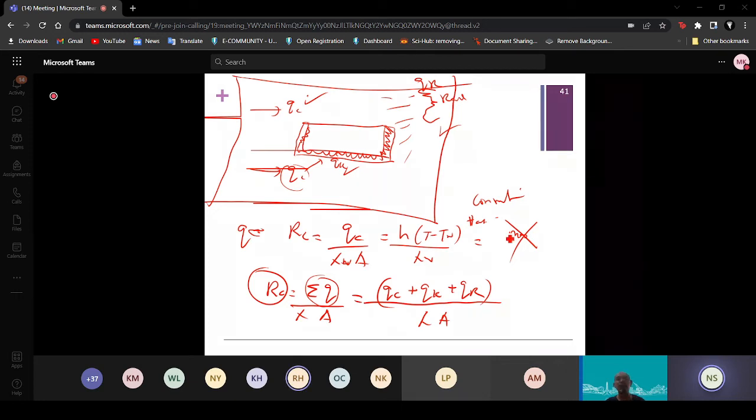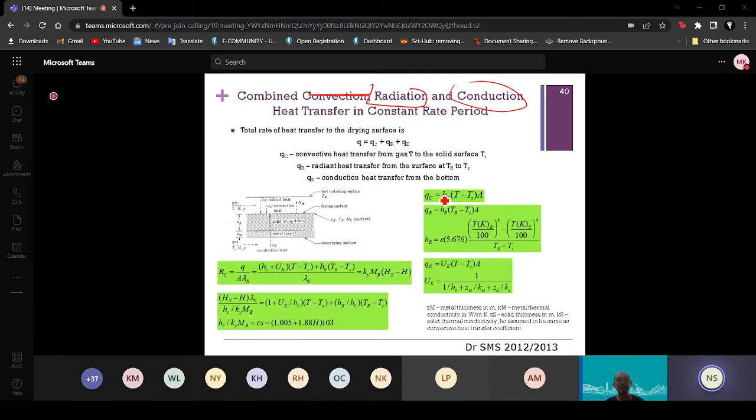So first, what is QC? QC is equal to H (T minus T). In this case, when you have all the heat transfer, we no longer use T wet bulb. We will use TS, the solid surface, because we have zoomed out. Zooming out means we are looking at the big size, so we cannot see the water layer here, where we could measure T wet bulb.